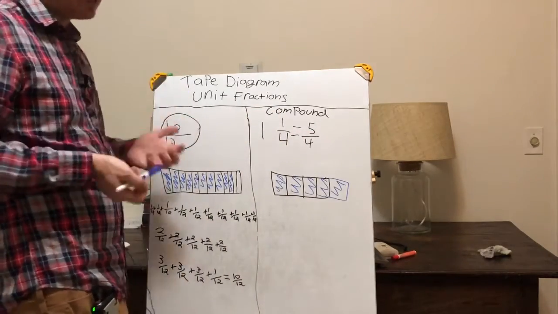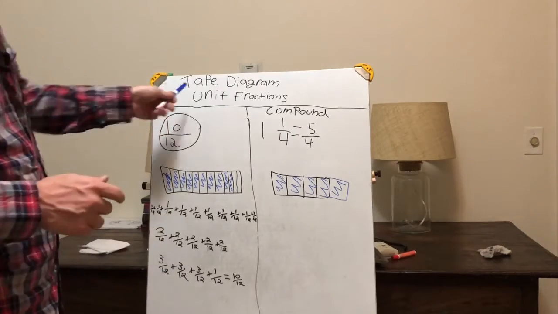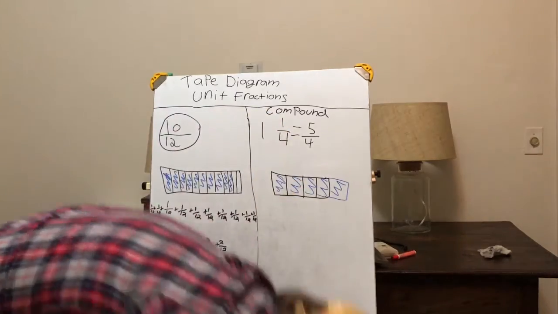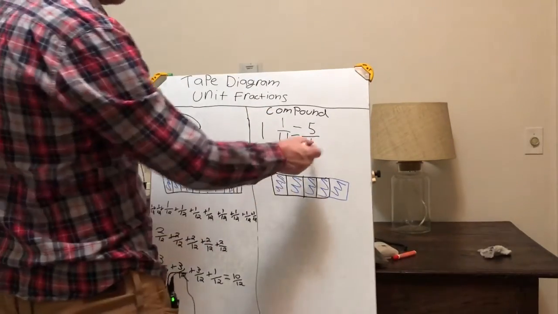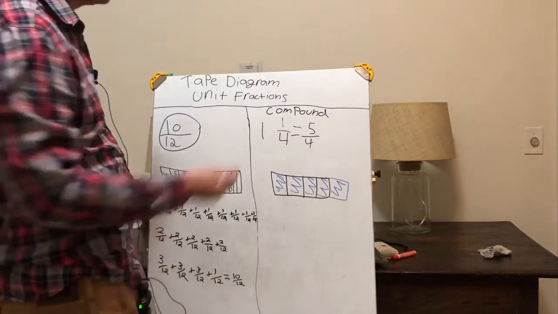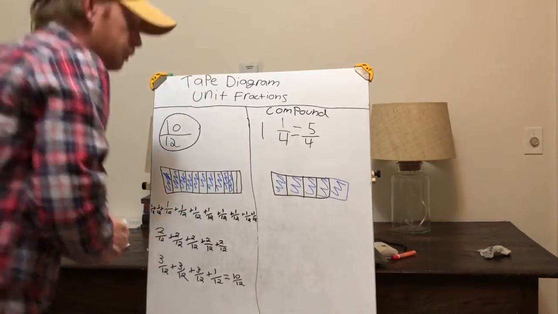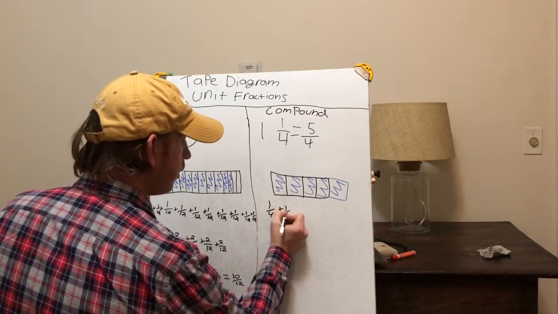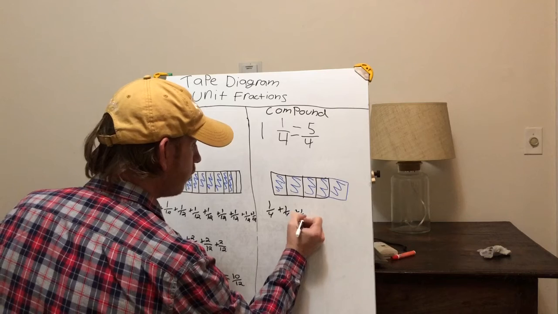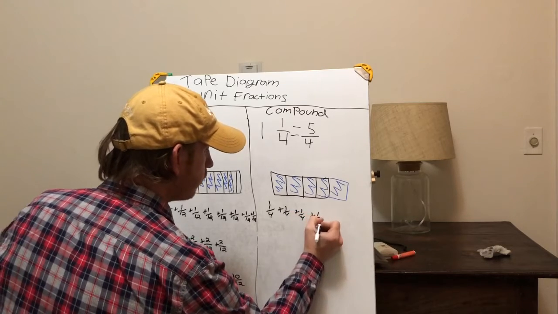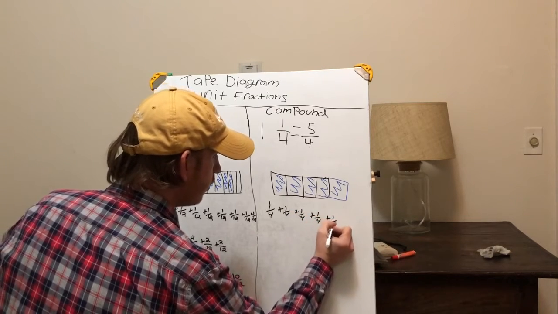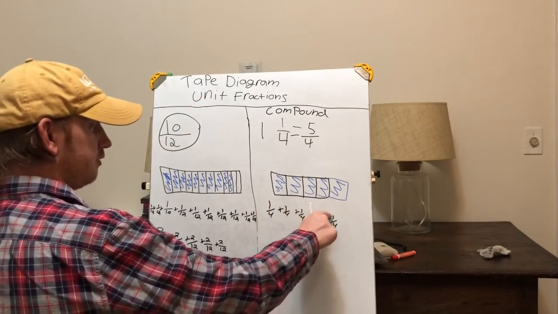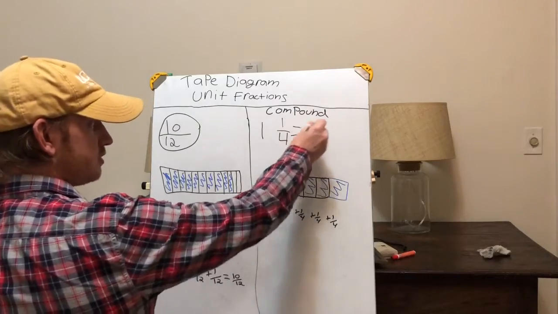So now we can see it as a tape diagram. Now let's do it as a unit fraction. So what are we adding? We're adding fourths, and unit means 1/4. So we have 1 over 4 plus 1 over 4 plus 1 over 4 plus 1 over 4 plus 1 over 4. 1, 2, 3, 4, 5, 5/4.